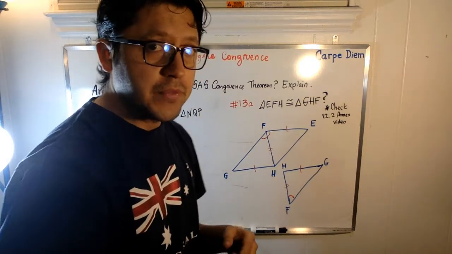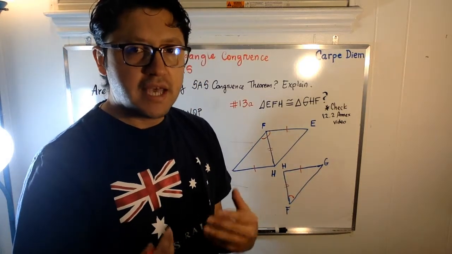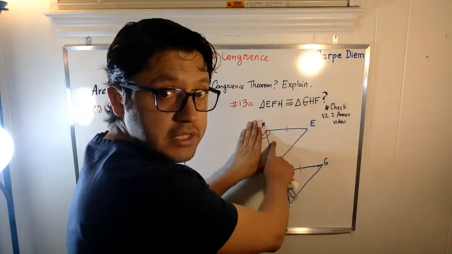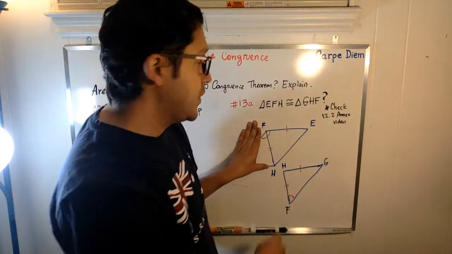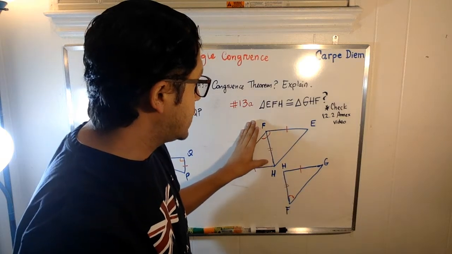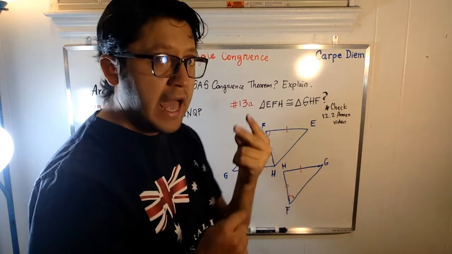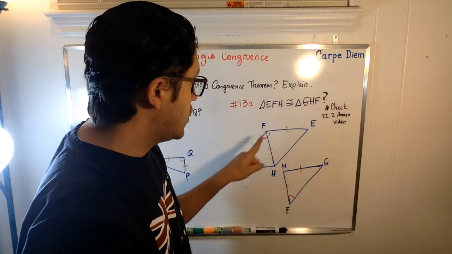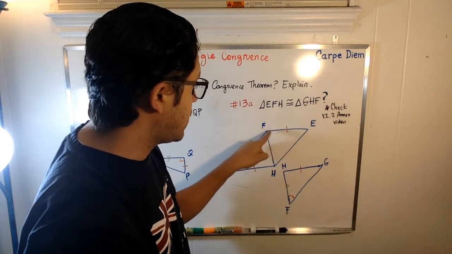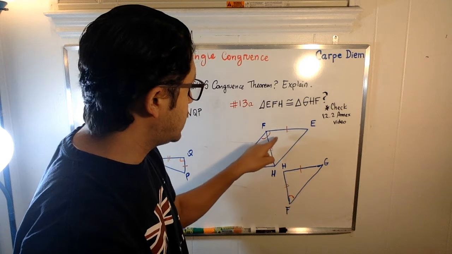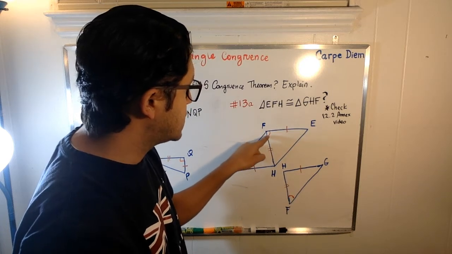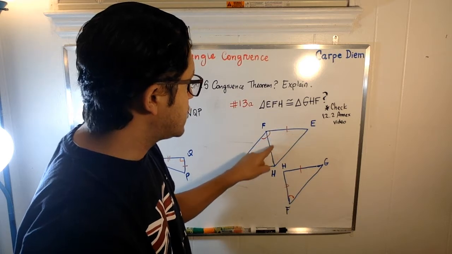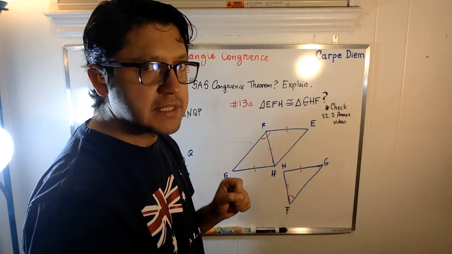And here's the thing. If I want to use SAS, and if you take a look at this triangle and this triangle, you can notice something. Even though you have two congruent segments and one congruent angle, this triangle EFH is showing you that the angle that is congruent on the other triangle is in between the segments.